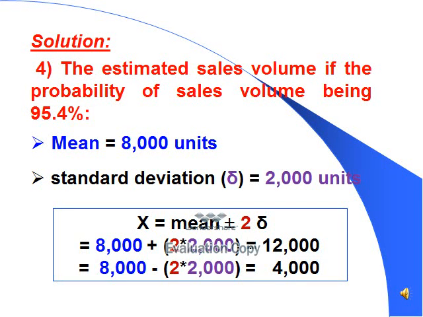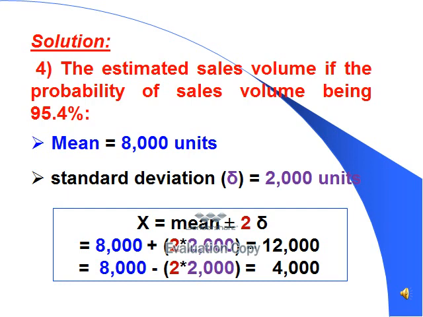That means we need to calculate x. Here the probability is given as 95.4%, the mean is 8,000 units, and the standard deviation sigma is 2,000 units. X equals mean plus or minus 2 sigma, because at this probability x equals mean plus or minus 2 sigma.